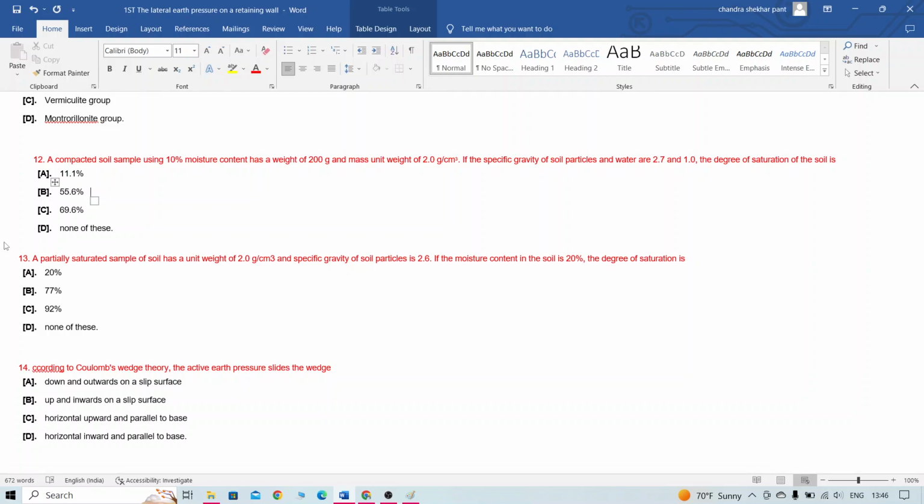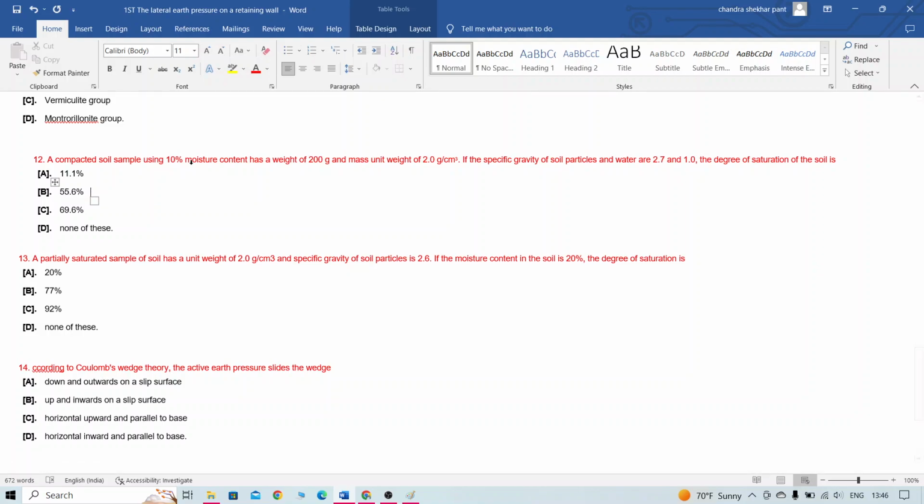Gamma bulk means the total weight, the unit weight of soil, 2.0. So gamma d equals 2 upon 1 plus 10%.